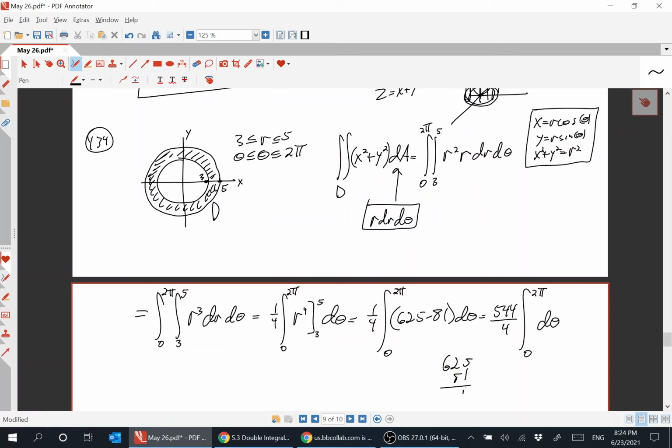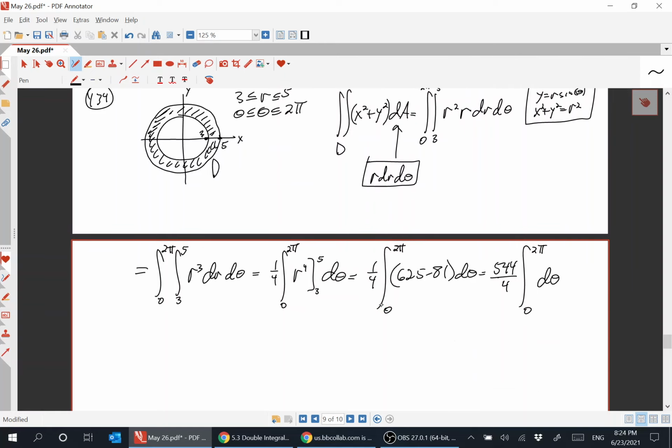Let me check the subtraction: 12 minus 8 is 4, so 544. So 544 d theta, that's just a constant, so it just becomes 2 pi. So 1088 over 4, actually I'll divide by 2.